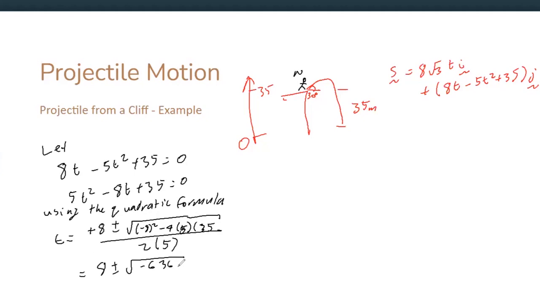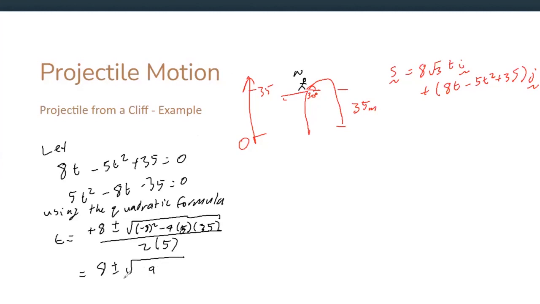I'll just make sure I did that correctly. 64 minus 4 times, that's the issue. This should be a minus 35. Minus 35 times 5 times minus 35. That's going to actually give us 9. It's a much nicer answer.